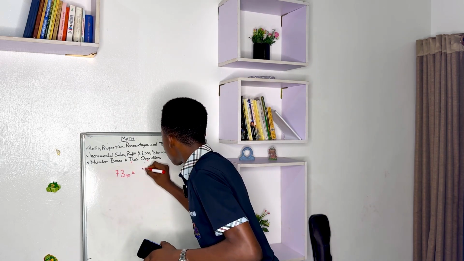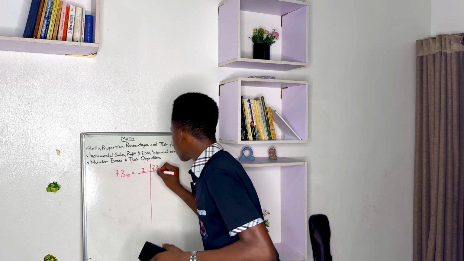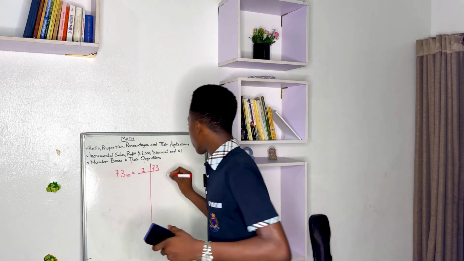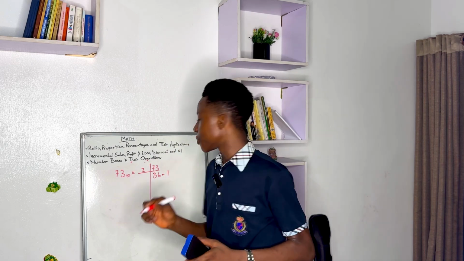So let's start. We're going to draw this line, and then start dividing. 2 can go in 73 36 times with a remainder of 1. So it's 36, remainder 1. We've gotten our first number, 1.